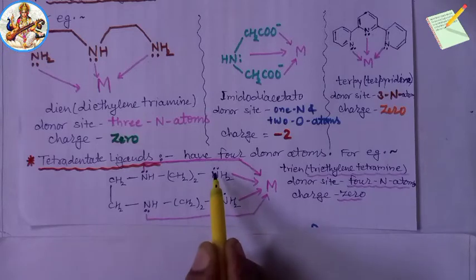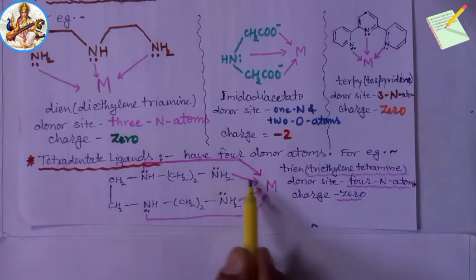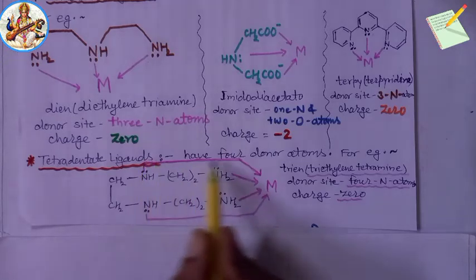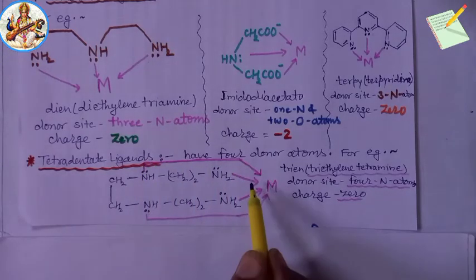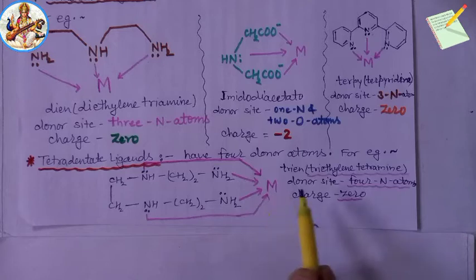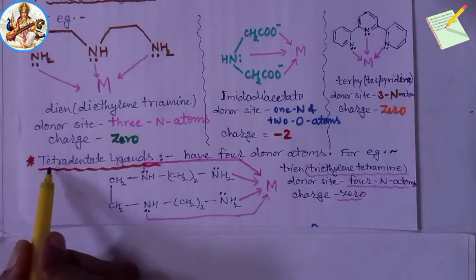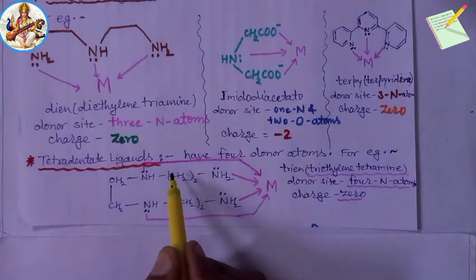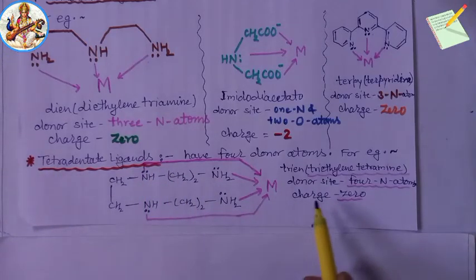Donor sites are 4 nitrogen atoms, 1, 2, 3 and 4. So 4 dative bonds are formed with the central atom in the coordination compound or ion. Therefore, it is a tetradentate ligand. Here charge is 0.